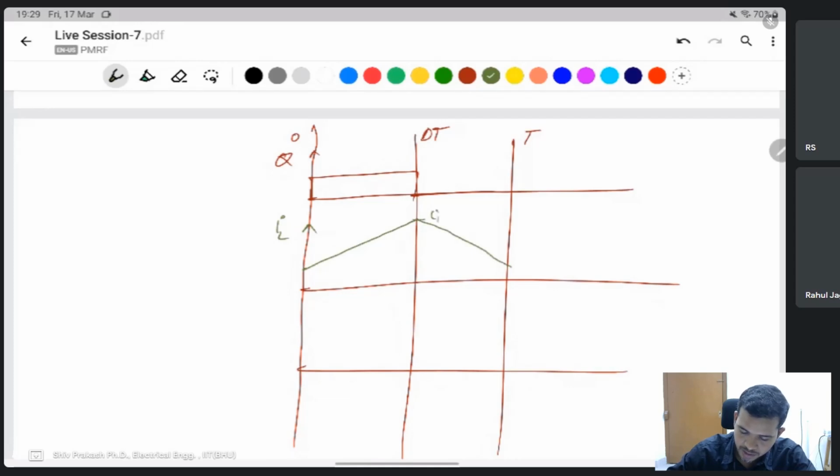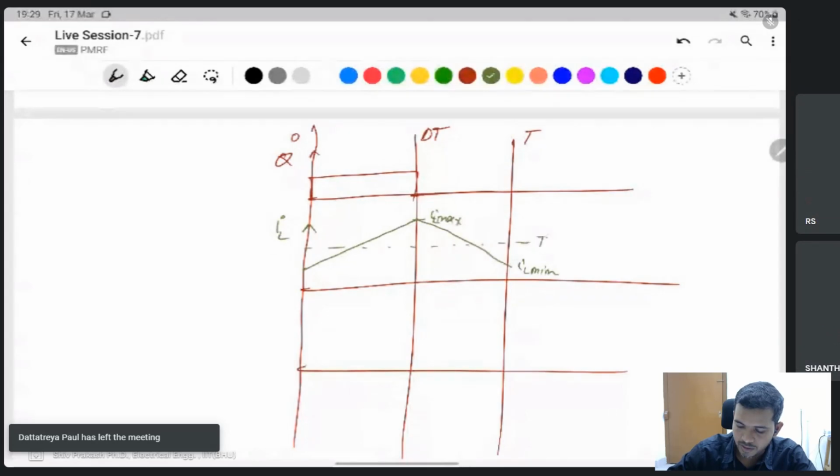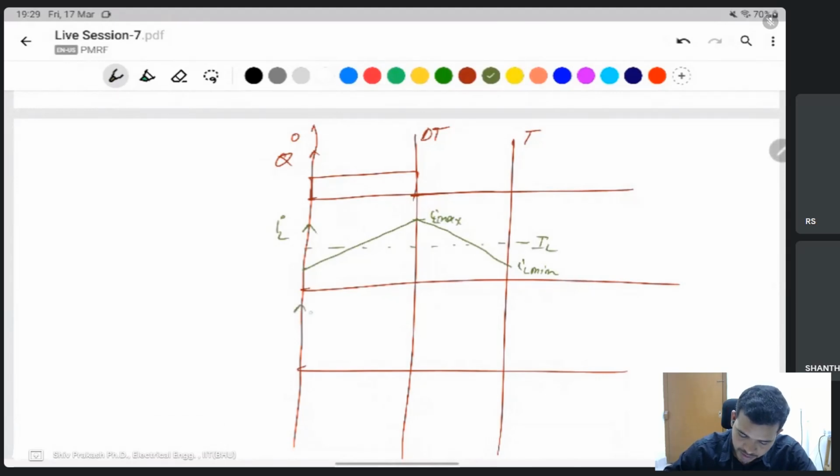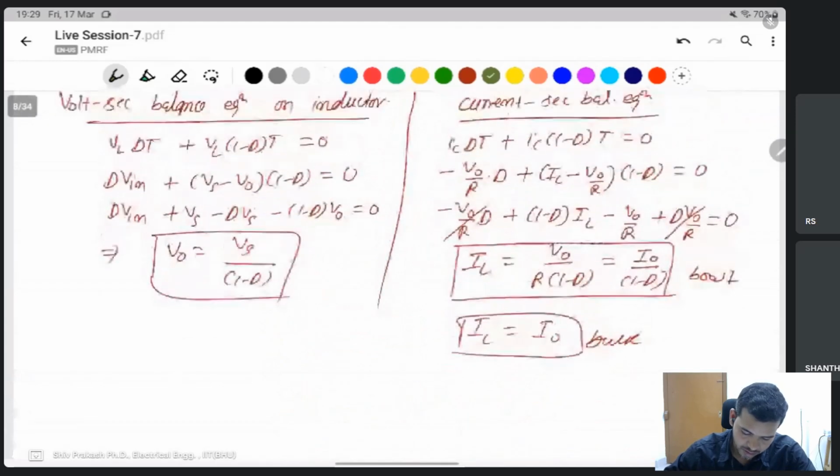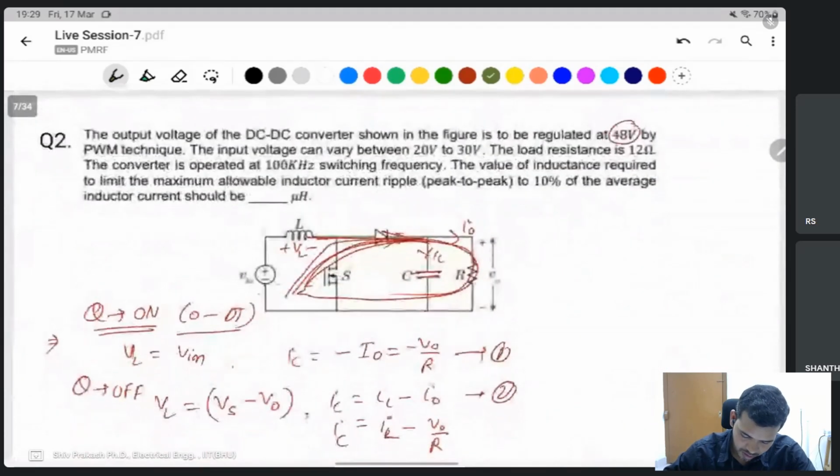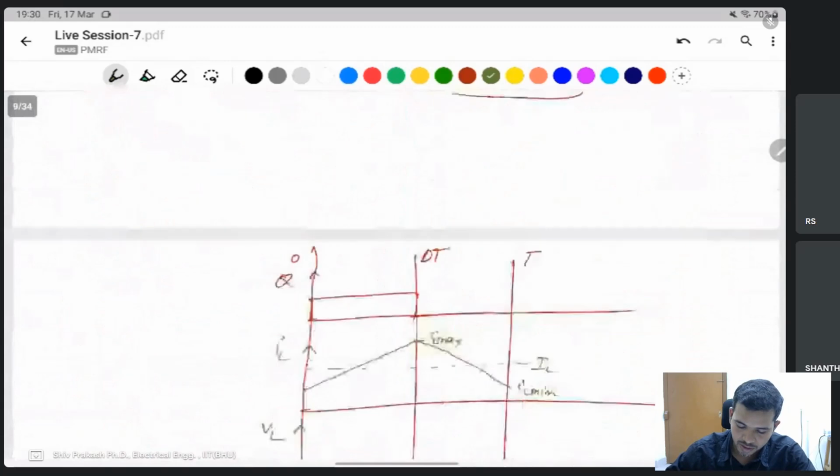So this is IL maximum, this is IL minimum, and this is the average inductor current. What is the voltage that appears on VL? When the switch is on, direct V in is applied to the inductor.